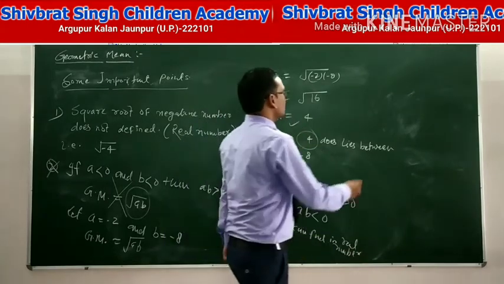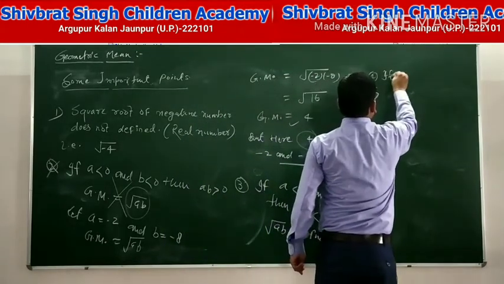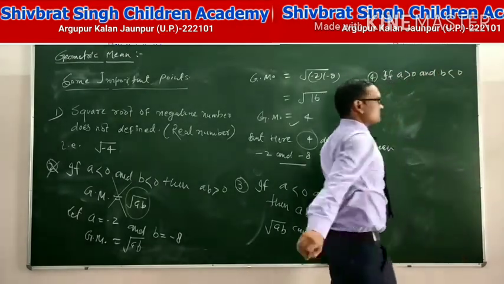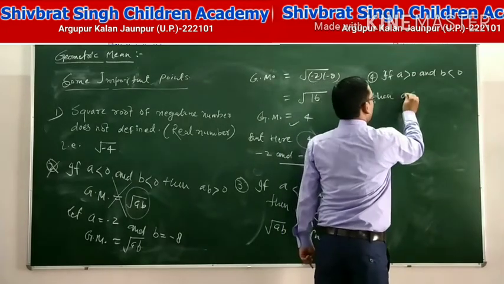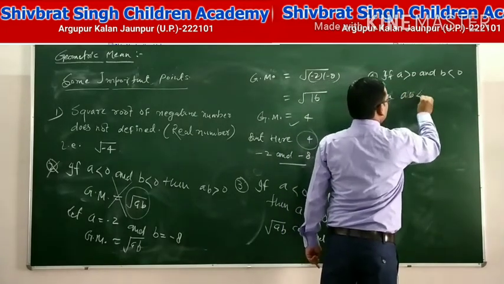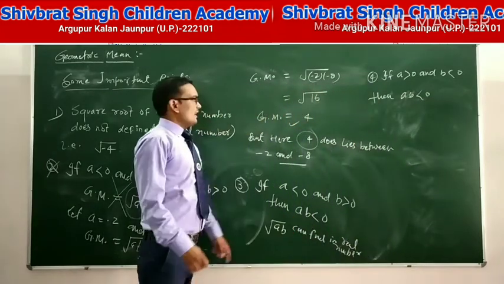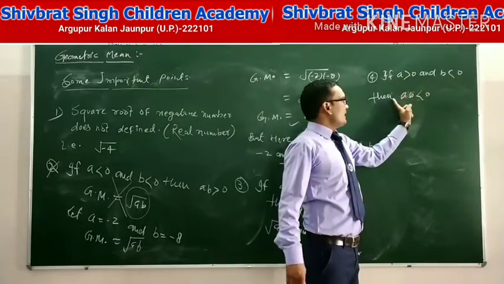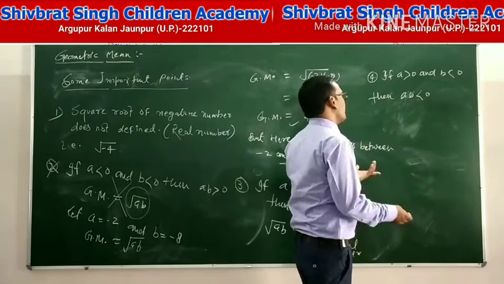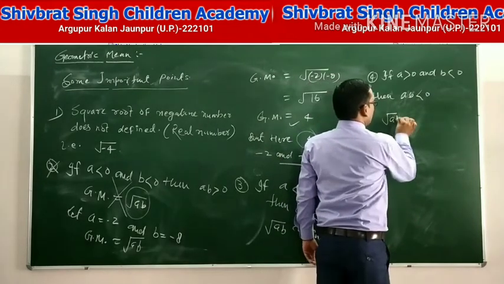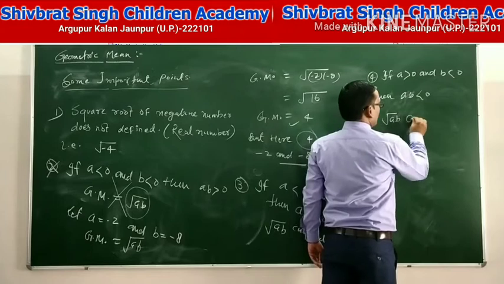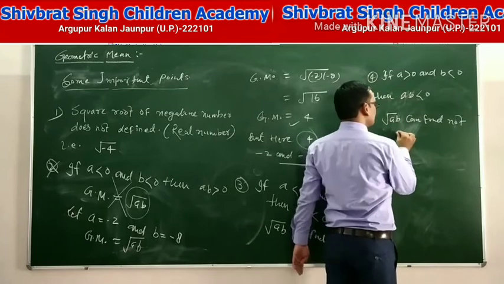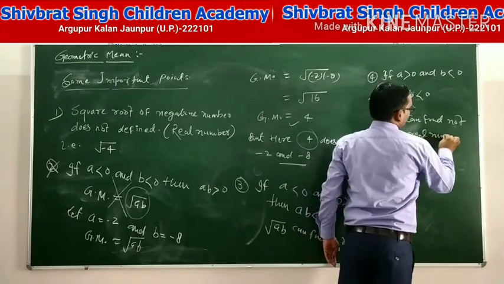Again, fourth, if A is positive and B is negative, then the value of AB is negative. Then also we cannot find the square root of AB in real numbers.